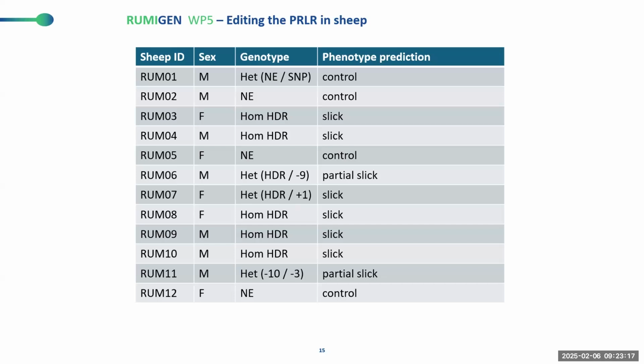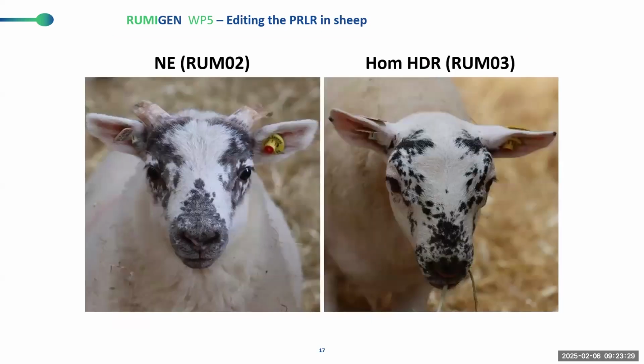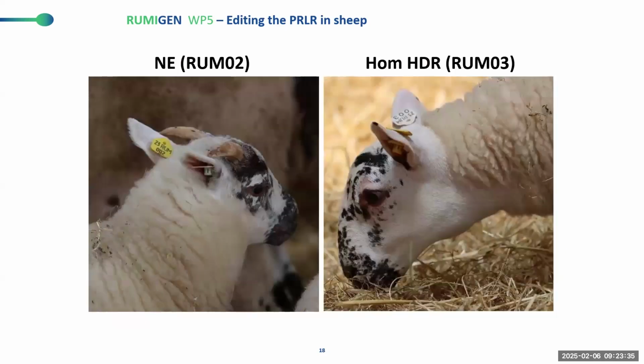So he started to work on these founders, and this is the offspring at birth, and they are quite normal and not different from wild type animals. When they grow, I think this is a picture at 2 or 3 months.